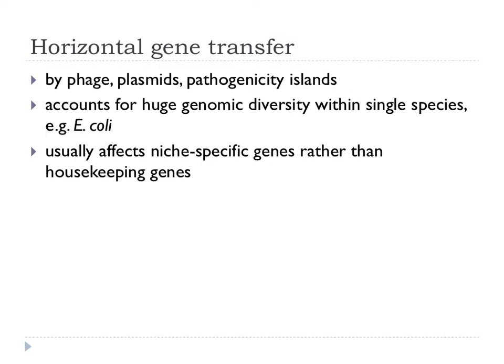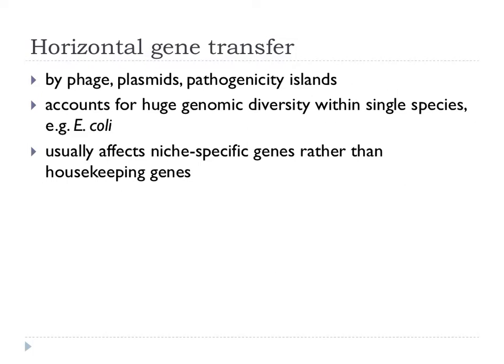We tend to make a distinction between those things. Some people call it the mobilome. I think that's a neologism too far. It's a bit of a play on words, but they talk about the mobilome, this mobile part of the genome. Those genes tend to be niche specific.